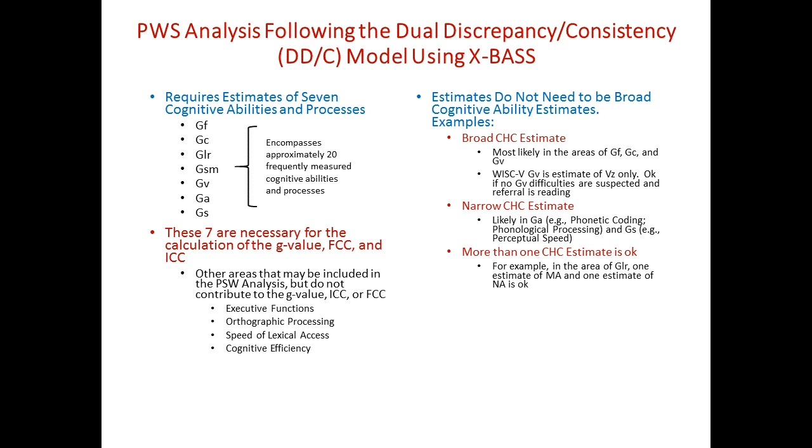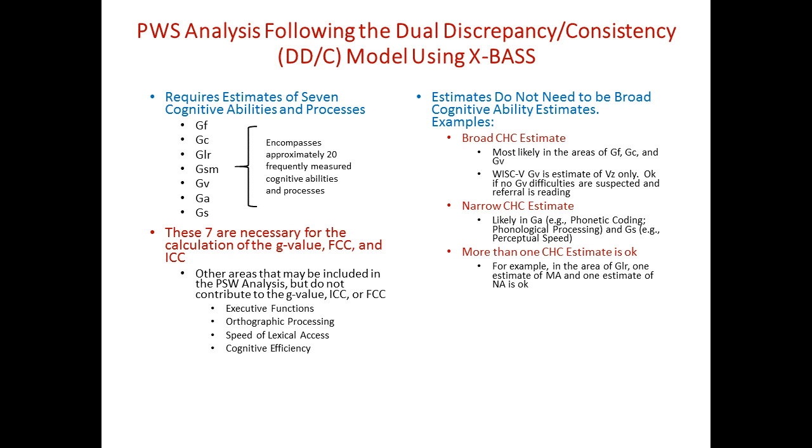And so you may have two different composites within a broad domain. One could be a strength, the other could be a weakness. That's fine too.